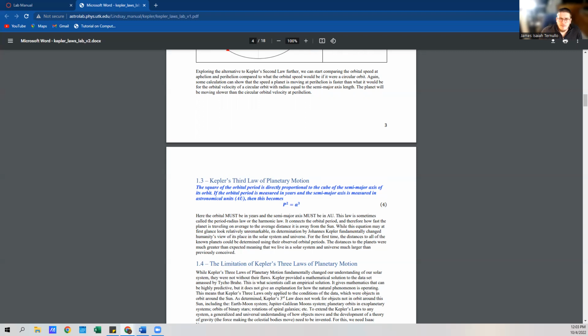The statement of Newton's first law, there we go, that's the proper wording: an object at rest will remain at rest unless acted upon by an outside force. Also, if an object is in motion at some constant velocity, it will stay at that constant velocity unless it's acted upon by some outside force.